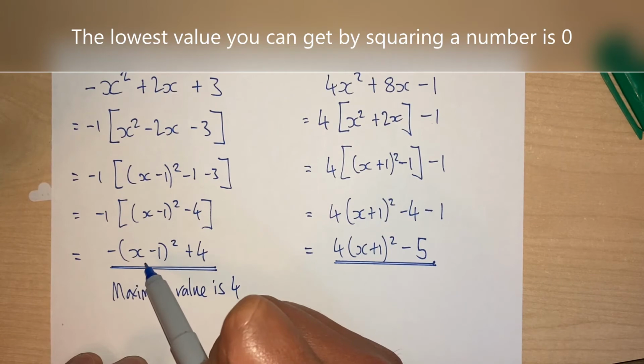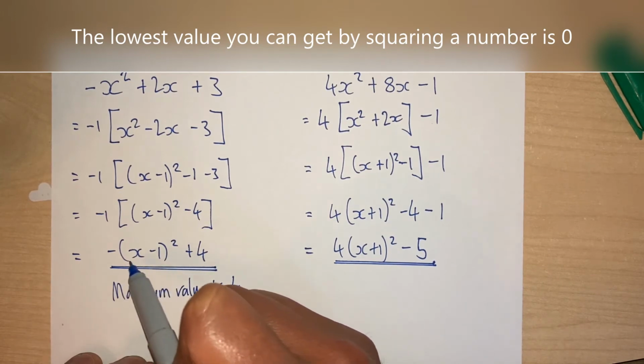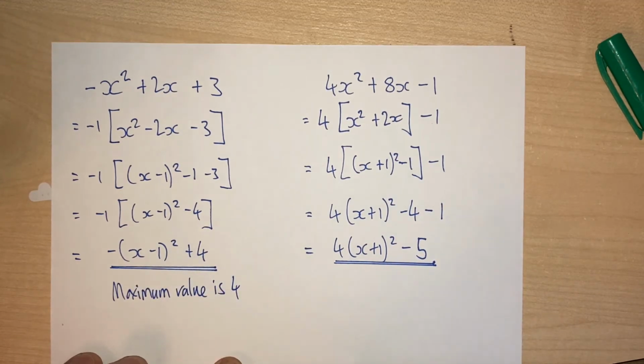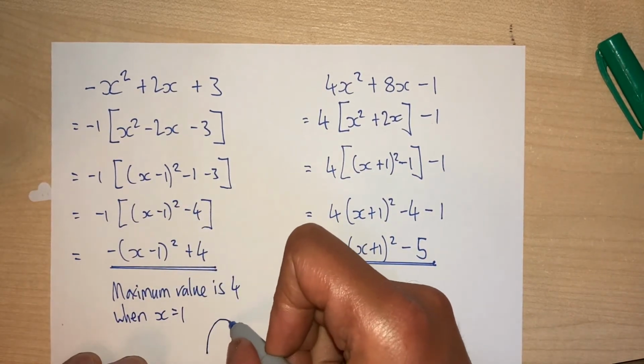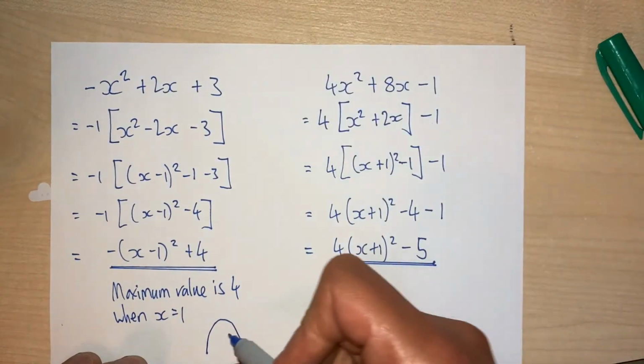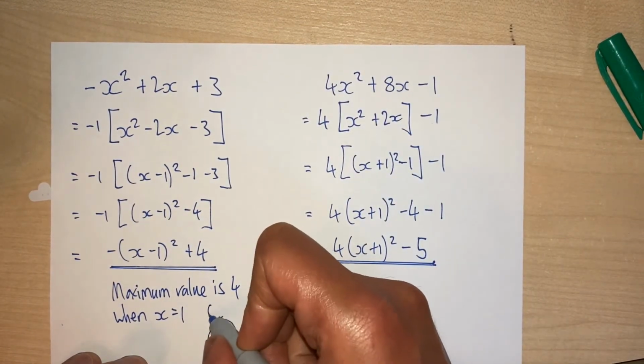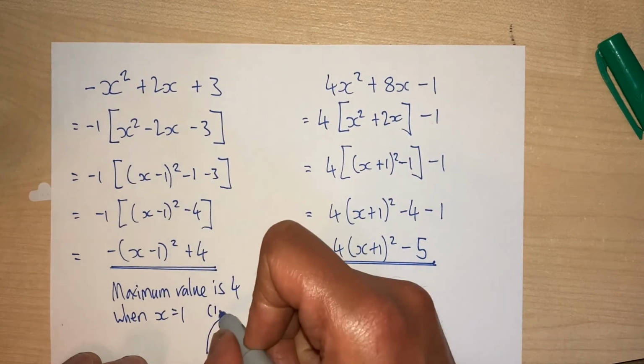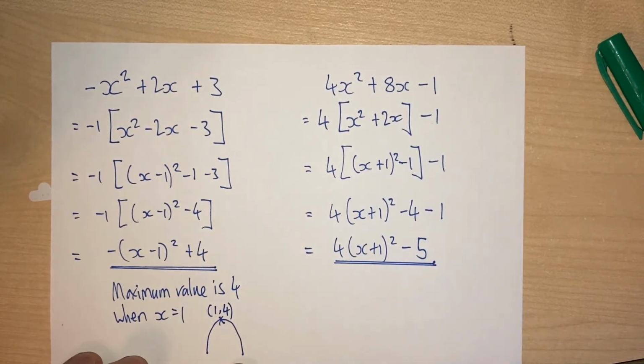In other words, x minus 1 equals 0, so therefore x must be 1 at that point. As a graph, we would have an N shape because of the negative coefficient of x squared, and the maximum value would be at the point 1 for x and 4 for y.